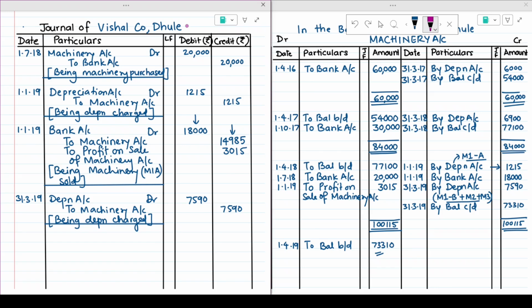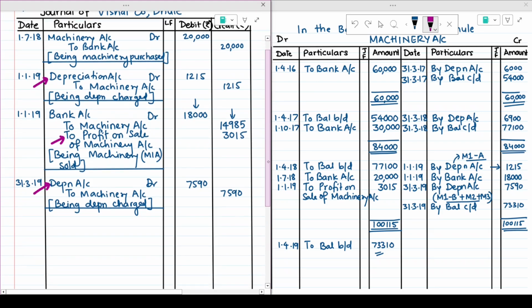We transfer it to profit and loss account to find the profit or loss of the business. So we transfer depreciation account, and we have another nominal account, profit on sale of machinery account. So for depreciation account 1 entry, and for profit on sale of machinery account 1 entry. These balances of nominal account we will transfer to profit and loss account.